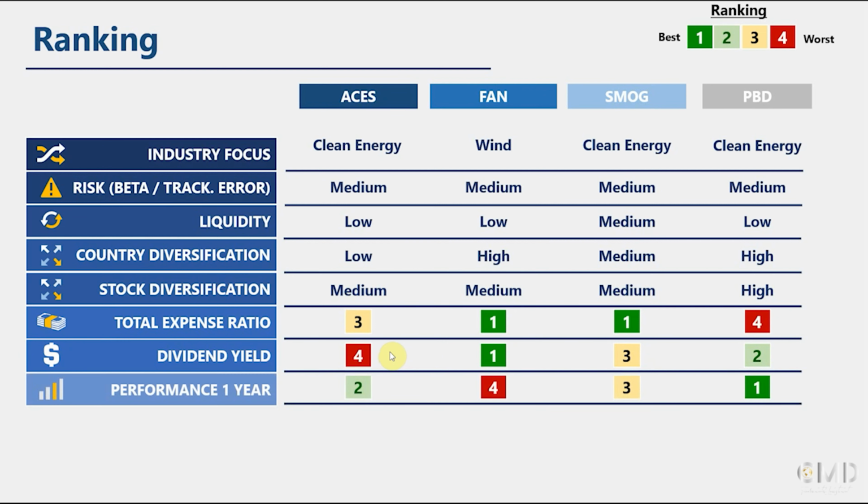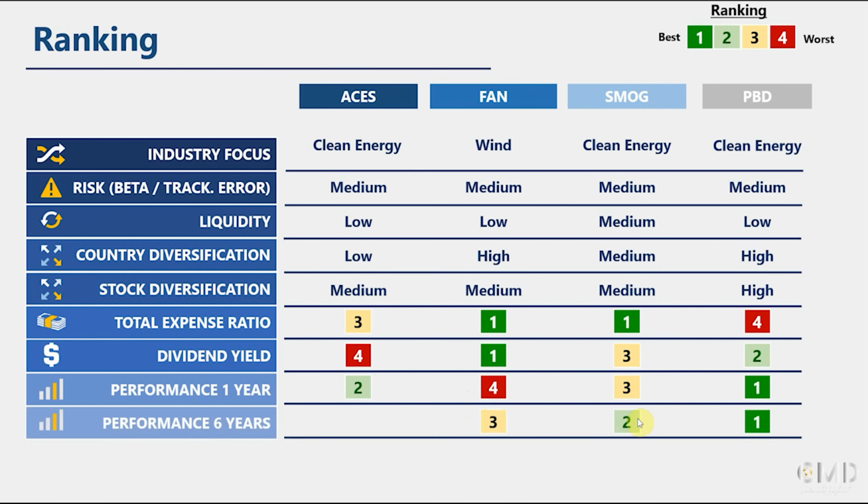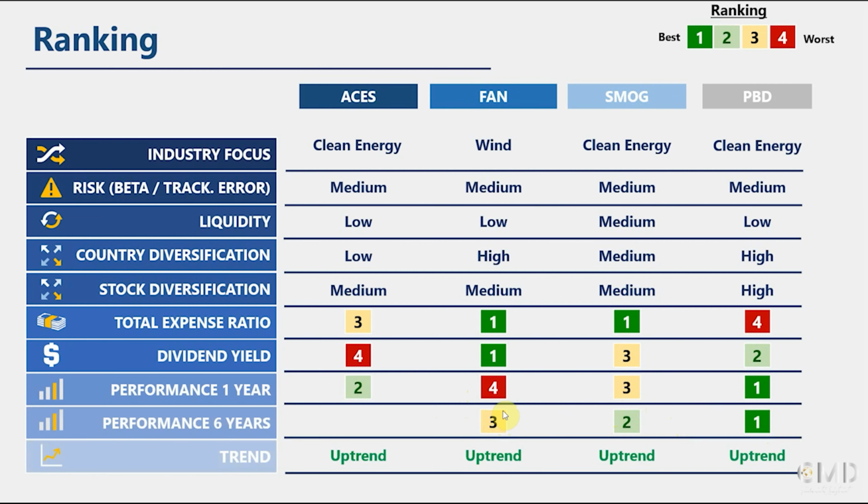The performance for the last year, PBD has been doing the best, followed by ACES, SMOG, and FAN had significantly been underperforming. And if we look at the last 6 years, PBD has again done the best, followed by SMOG and FAN. Last, we looked at the trend, and all these ETFs are in an uptrend as of today.